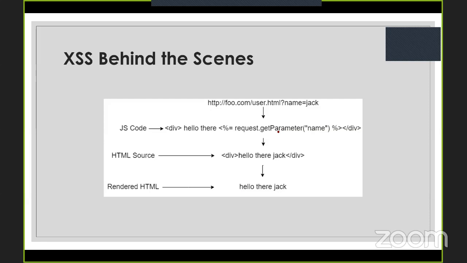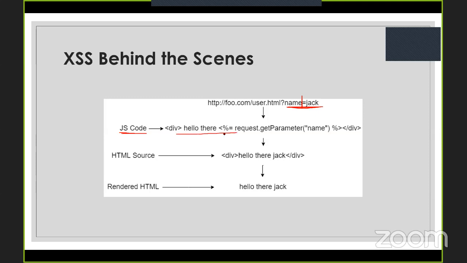So the behind the scene of cross-site scripting. Let's say that you create a page and it passes the name argument. This one, name Gojek. Then inside the JavaScript code, it looks like this.